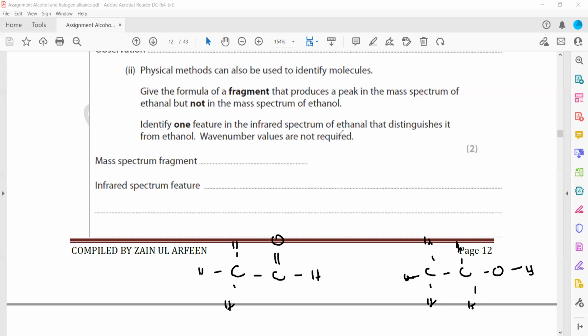So you can clearly see the carbonyl group, C double bonded with O, is present in ethanal, but it is not present in ethanol. And we have to identify one feature in infrared of ethanal that distinguishes it from ethanol. So ethanal contains a carbonyl, C double bonded with O, but ethanol does not have this group. Is it clear?